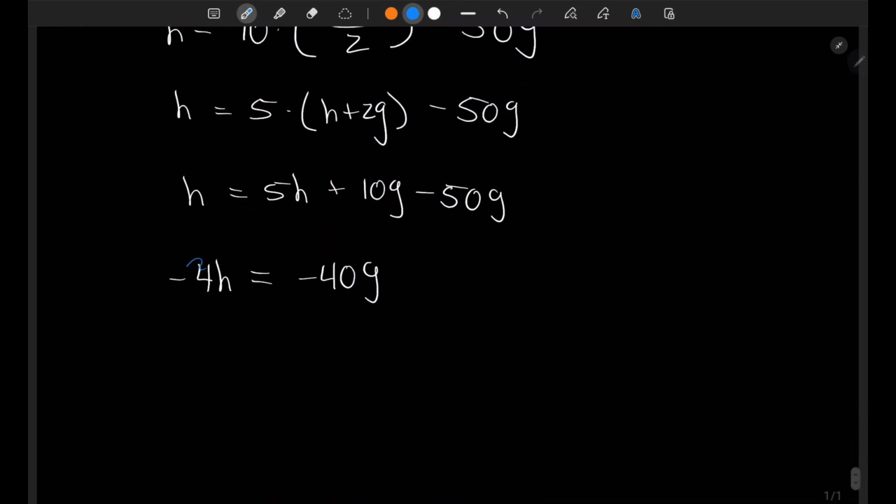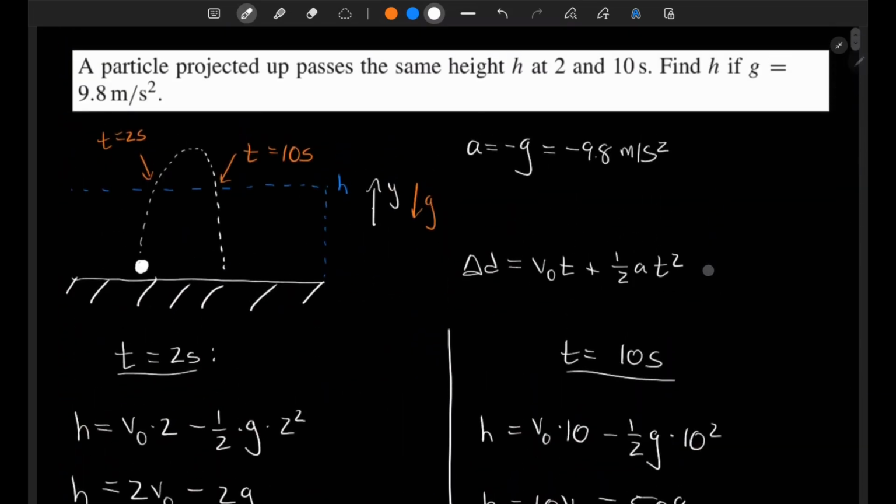Now I can get rid of the minus signs and divide by 4 on either side, so h is equal to 10 times g. So we have an expression for h, which is what we wanted to find.